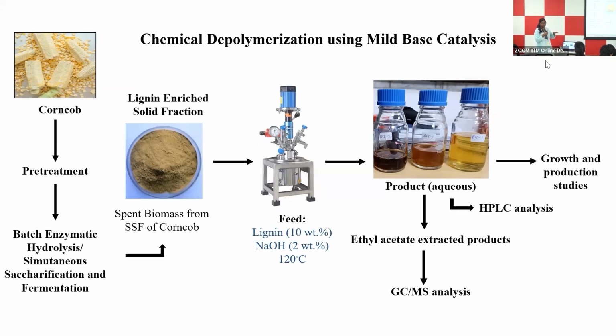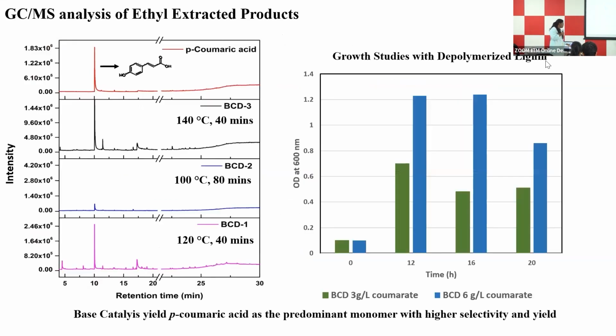After the cellulose part is converted to glucose and exploited, after fermentation, we will have a biomass which is lignin rich. We took that and did a chemical mild base catalysis at 120 degrees, and then we analyzed the products. It was mostly coumarate, with very minimal levels of other substrates.